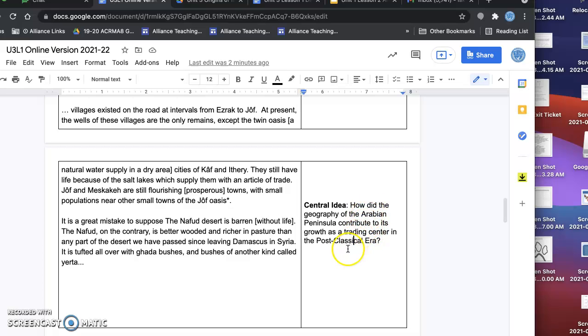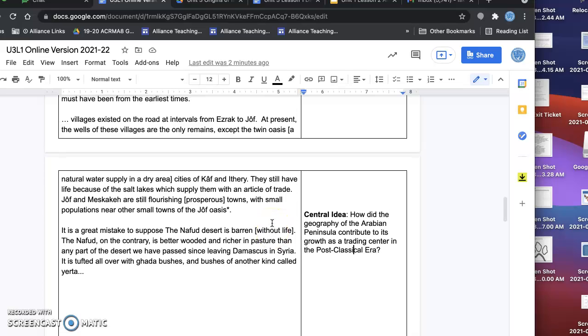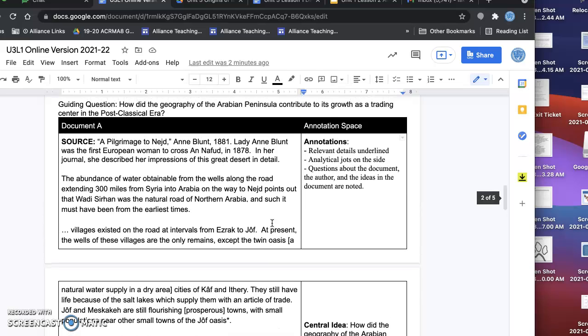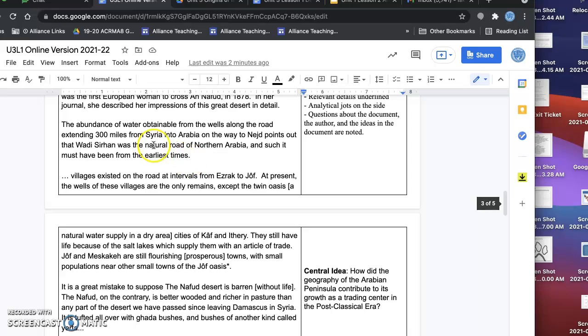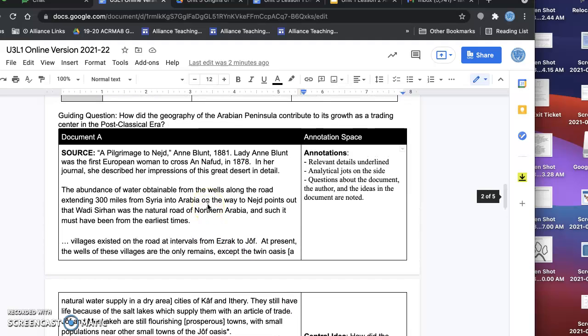We want to know how the geography of the Arabian Peninsula contributed to its growth as a trading center. So while we're reading and annotating, we want to annotate things in this article that relate to this central idea. Okay, so let's start.